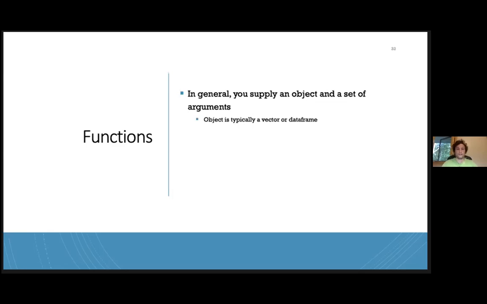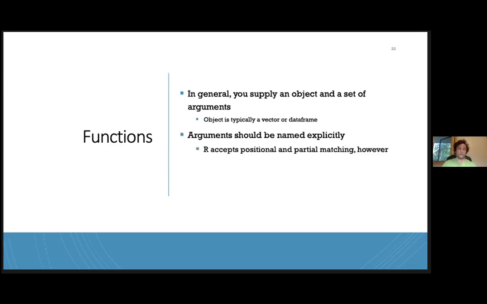The standard is to make the first argument for every function that object, the vector or the data frame that you're supplying. And everything that follows after that first comma is just additional arguments. When you're writing out your functions, or calling a function, you should always name your arguments explicitly.